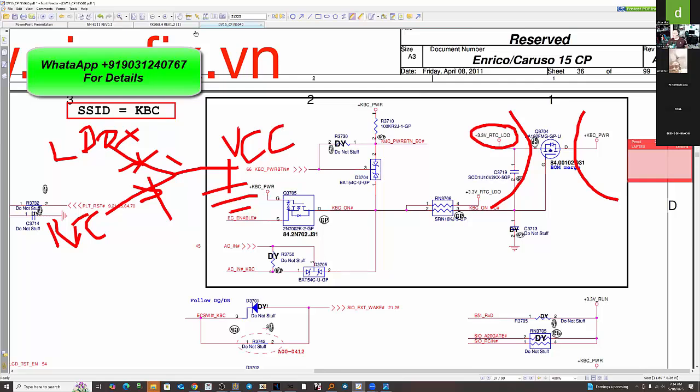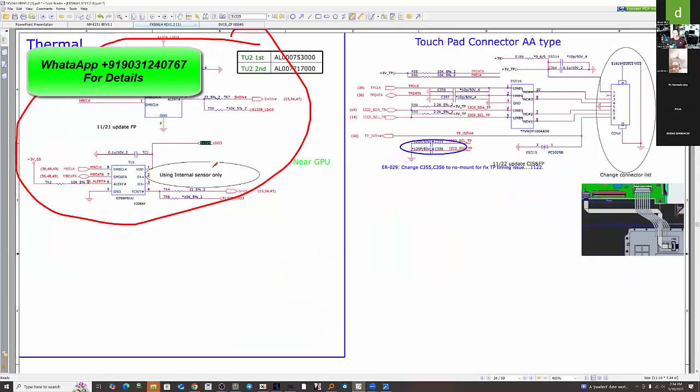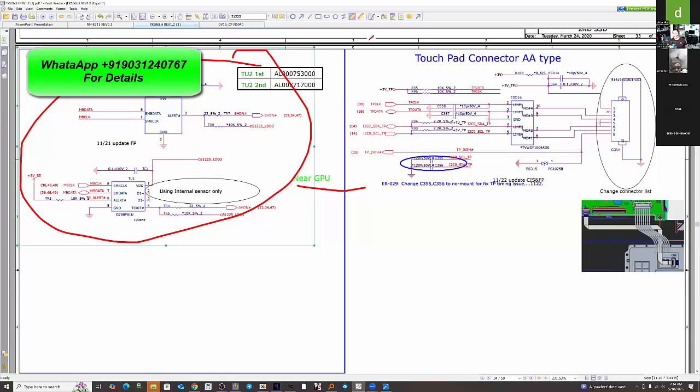The same thing happened in the 10 generation, but here is the different logic. Here all the command is by the thermal IC, the GPU thermal and CPU thermal. The CPU thermal IC and GPU thermal IC are taking care of IO VCC.